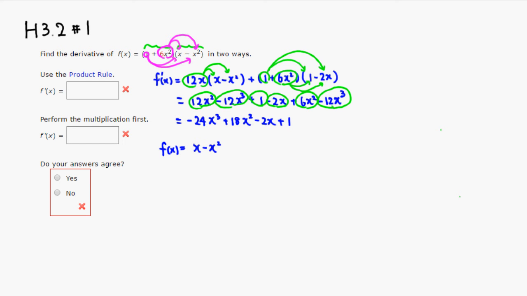So we have plus 6x cubed and then minus 6x to the 4th power.